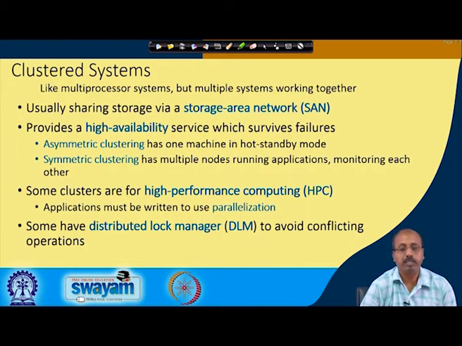Another type of system that we have is known as clustered systems. They are like multiprocessor systems, but multiple systems work together. Normally they share storage through a storage area network, SAN.